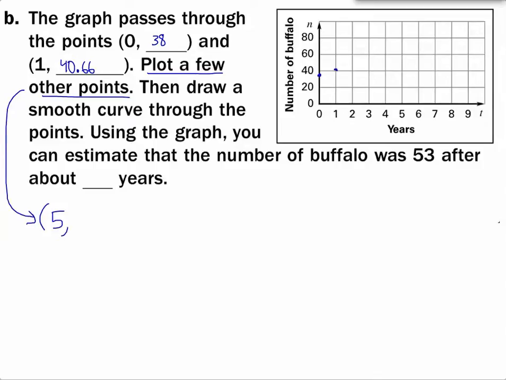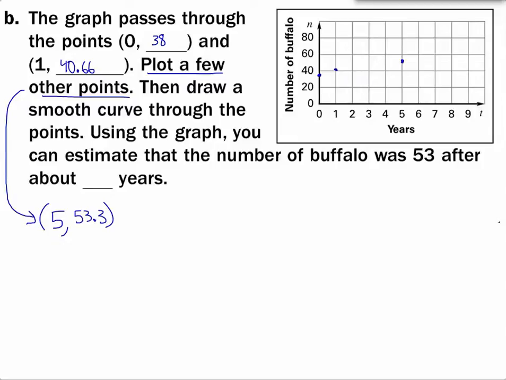So when t is 5, if you substitute it in, you get about 53.3-ish. So you have 5, comma, 53.3-ish, just a bit above 50.